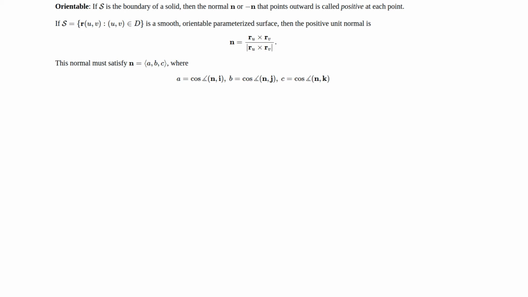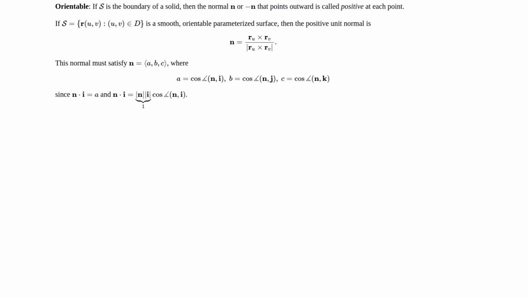So n, which is (A, B, C), must be given by: A is the cosine of the angle between n and i. B is the cosine of the angle between n and j, where j is the unit vector in the y-axis direction. And C is the cosine of the angle between n and k.